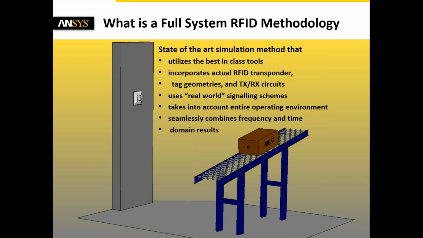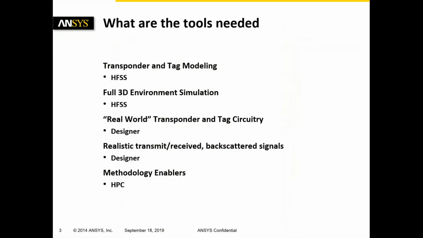So in order to do a full system RFID simulation, what are the tools that are needed? For the transponder and tag modeling, we will need ANSYS HFSS. For the full 3D environment simulation, we'll need HFSS as well. For real-world transponder and tag circuitry, and realistic transmit, receive, and backscatter signals, we'll use the Designer tool.